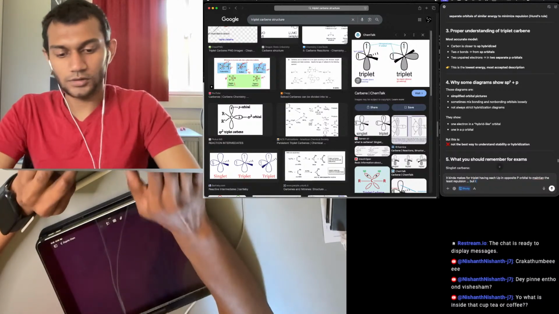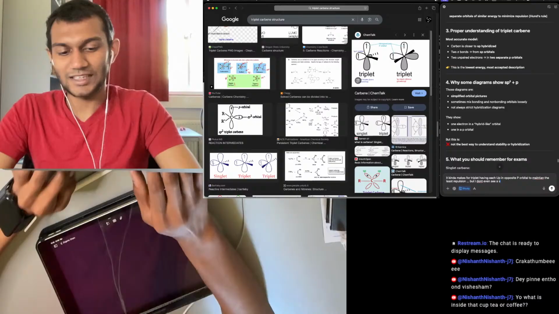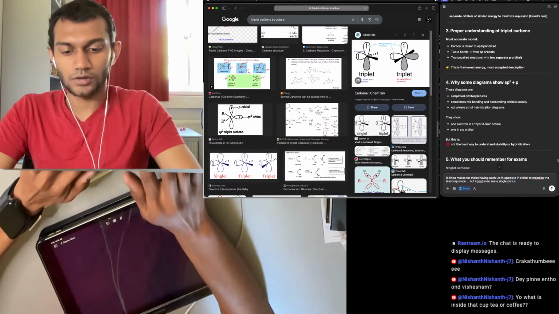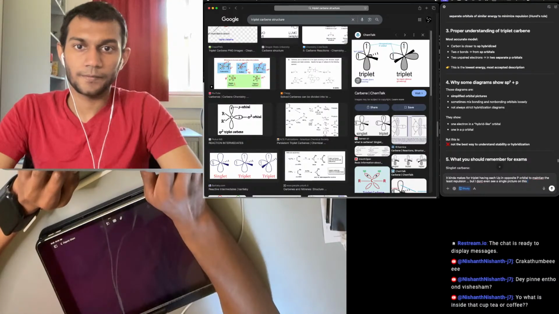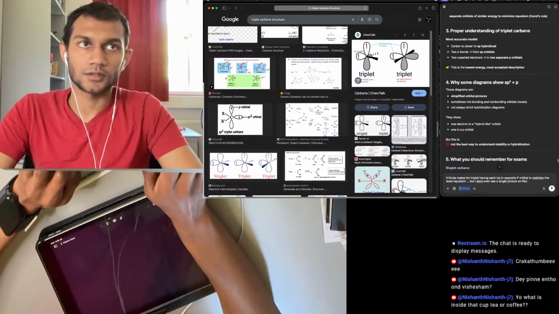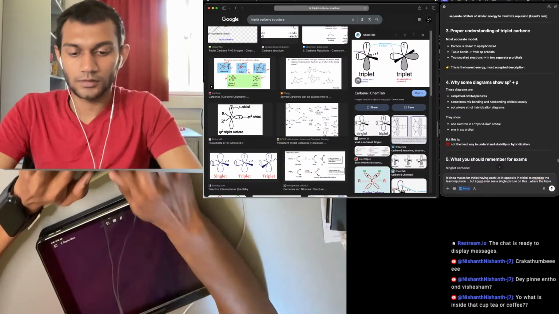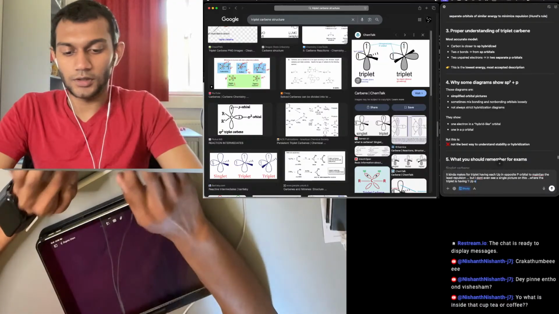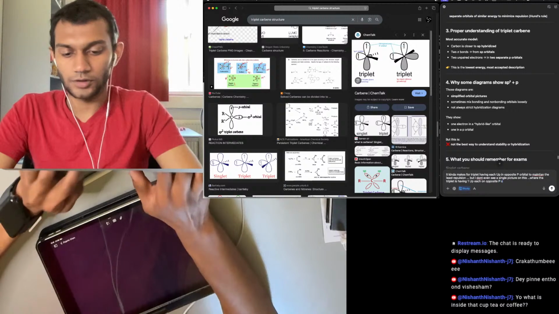But I don't see a single picture on this where the triplet is having one unpaired electron each on opposite p orbitals.